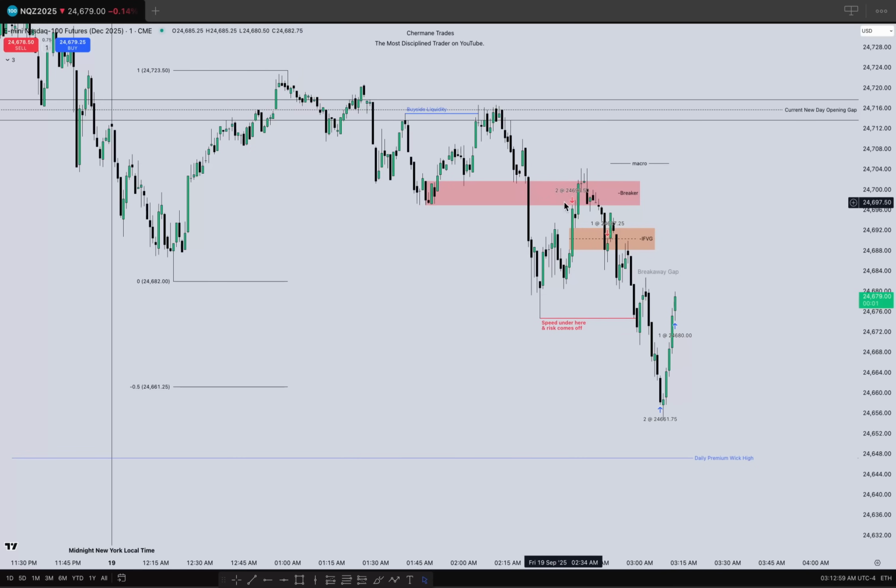And you're going to see all of the fills here: the low of the breaker, selling 2, selling 1 at the low of the inversion fair value gap, taking 2 off at the negative 0.5 standard deviation. Beautiful exit there, including a couple ticks for the spread, and my last contract getting stopped out in profit there.